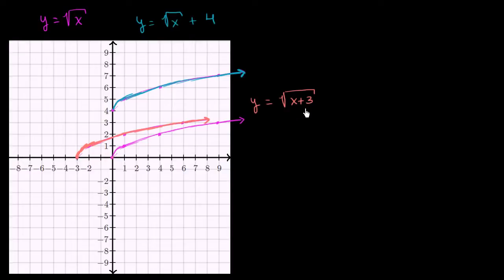Well, that's all interesting. But let's say that I wanted to flip this thing over. So I wanted it to look like this. Let me see if I can draw it. I want this graph to look something like that. So it's flipped around.